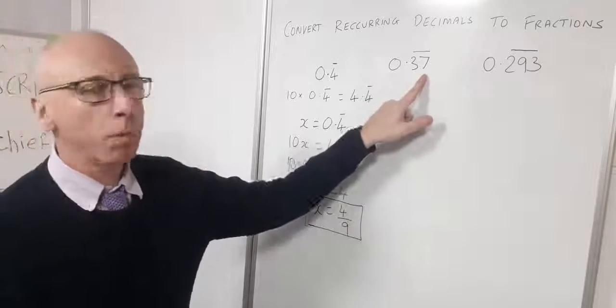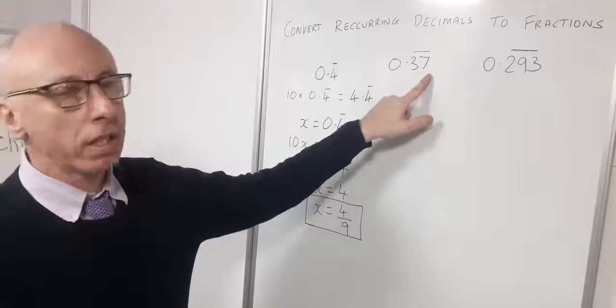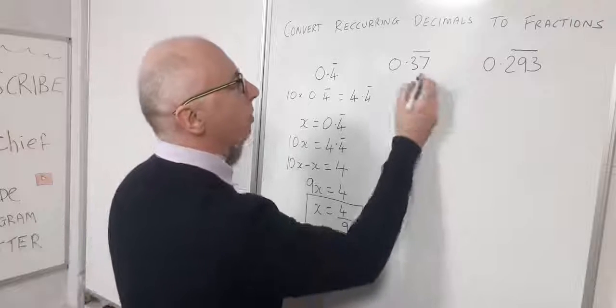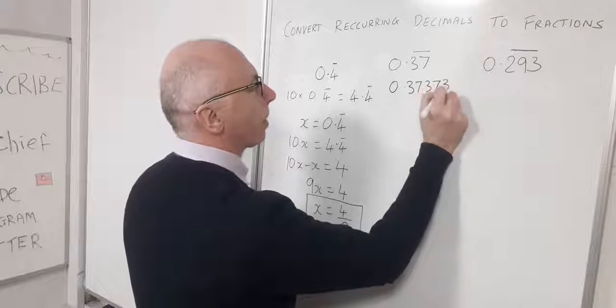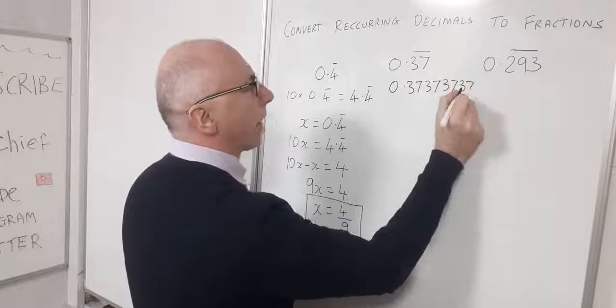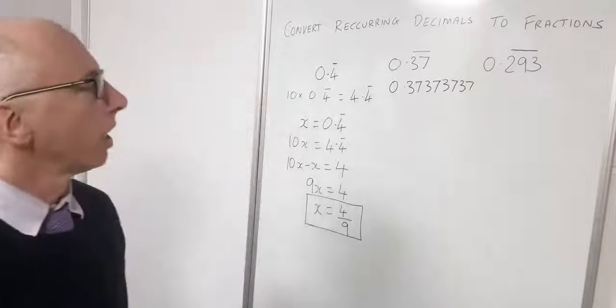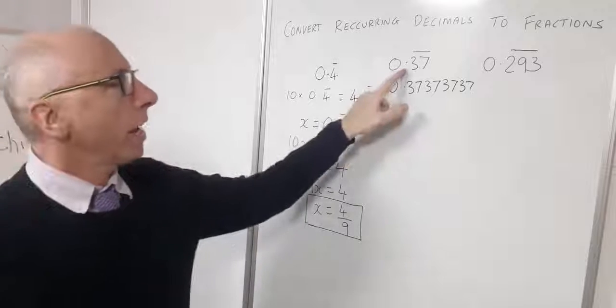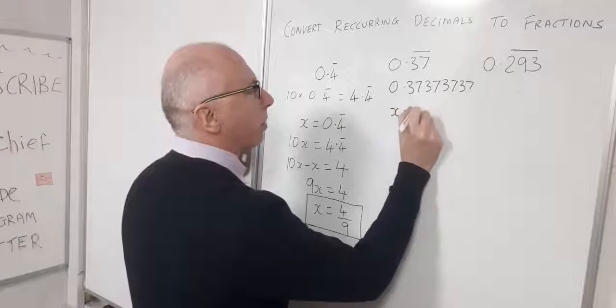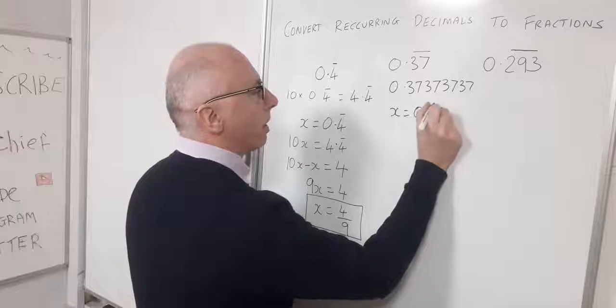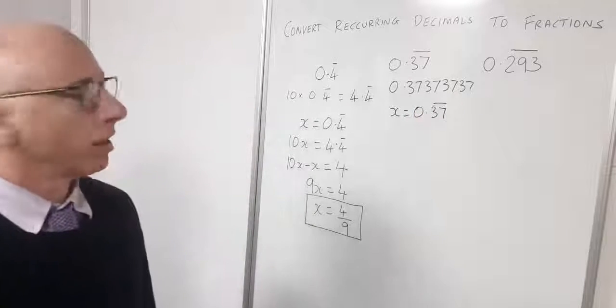Now what about this one with two recurring decimals? So this one here, 0.37 recurring, would be like 0.37, 37, 37, 37, and so on and so on. So for this one, I would let my x just equal this. So x equals 0.37 recurring.